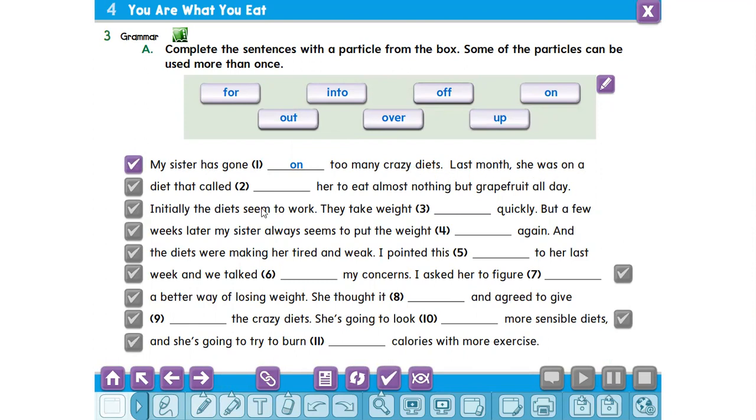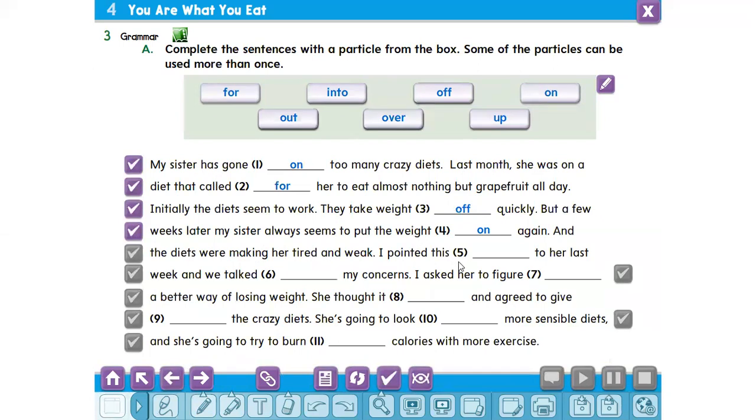Last month she was on a diet that called for her to eat almost nothing but grapefruit all day. Initially, the diets seem to work. They take weight off quickly, but a few weeks later, my sister always seems to put the weight on again, and the diets were making her tired and weak.